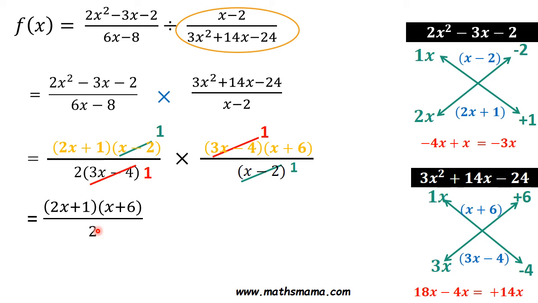You have to go for one more step. What is that? You have to expand the brackets. When you expand, 2x times x gives 2x squared. 1 times 6 gives 6. 2x times 6 is 12x. 1 times x is x, so 13x. So there you get 2x squared plus 13x plus 6 over 2. That is our simple answer.